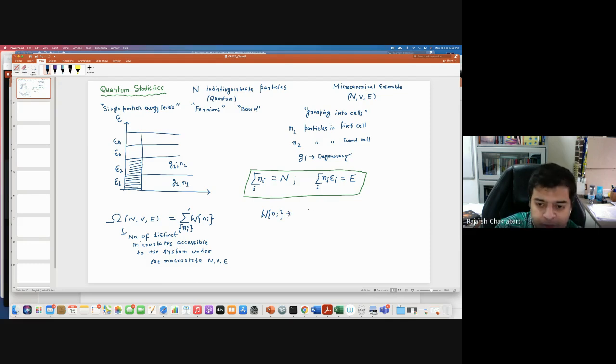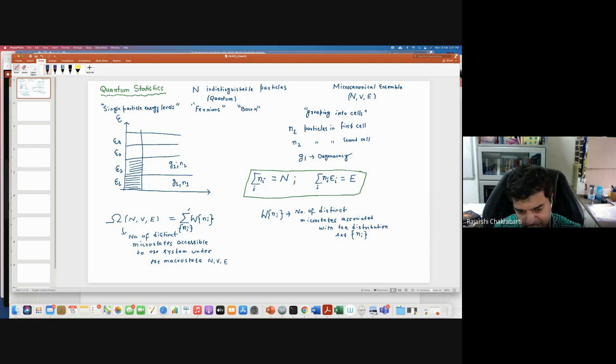This is the number of distinct microstates associated with the distribution set Ni. Do you understand what I'm saying?